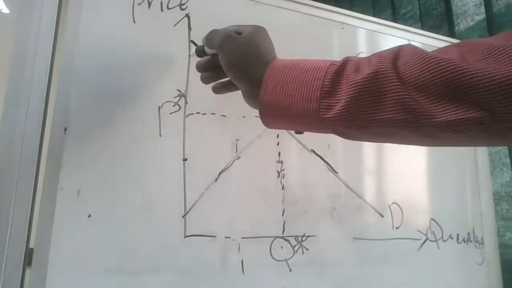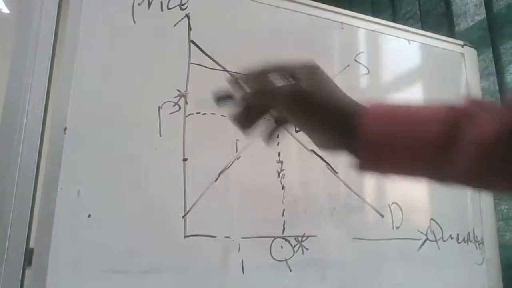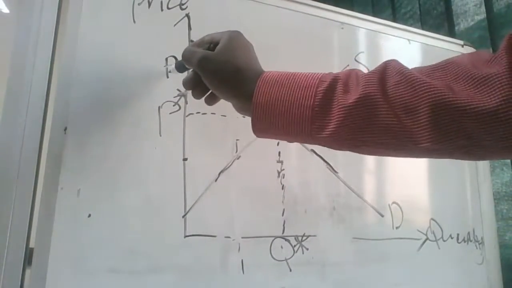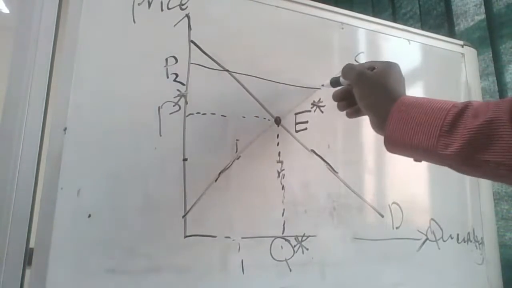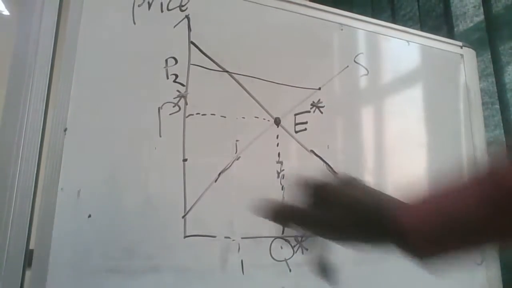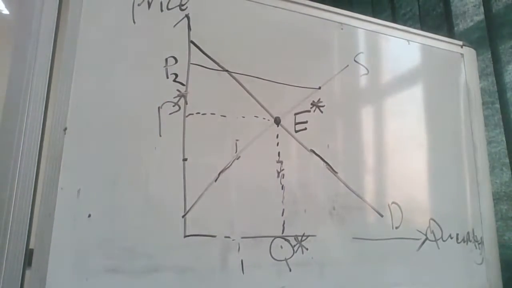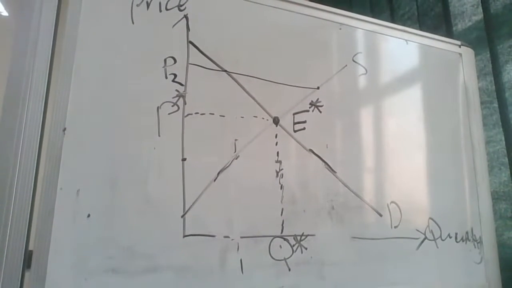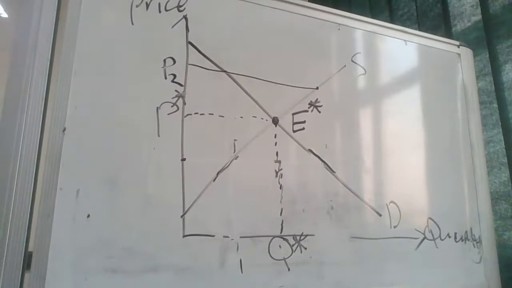Suppose this time around, price went up above the equilibrium. Let's call this P2. If price was set above equilibrium, what will happen in the market? If you followed what I explained here when we looked at a shortage, what do you think will happen if we have price at P2 above equilibrium? Please send your comment or your response on the text box.